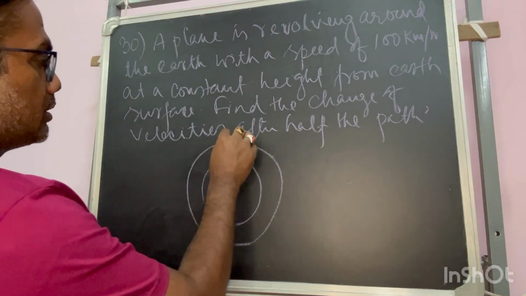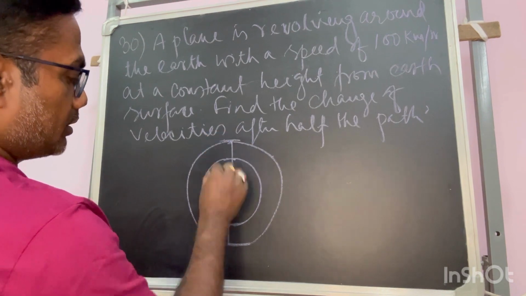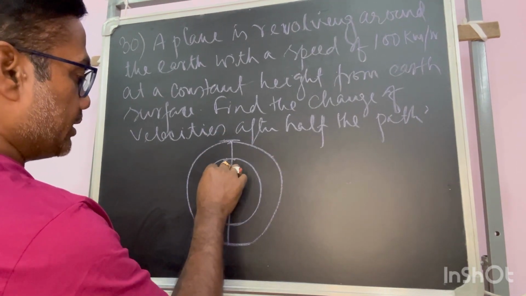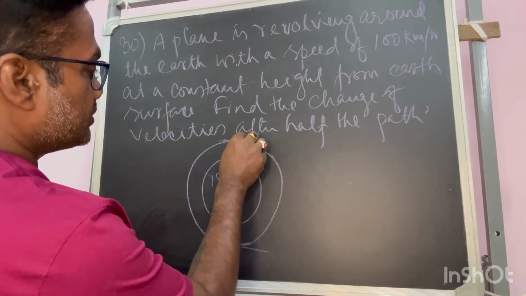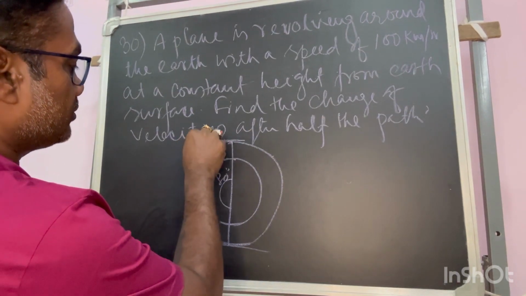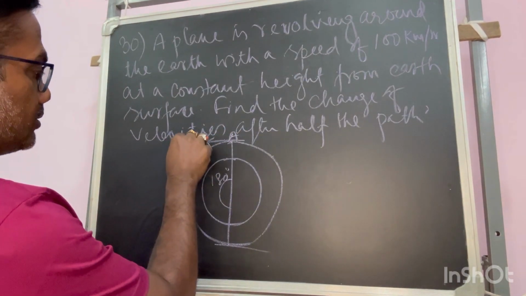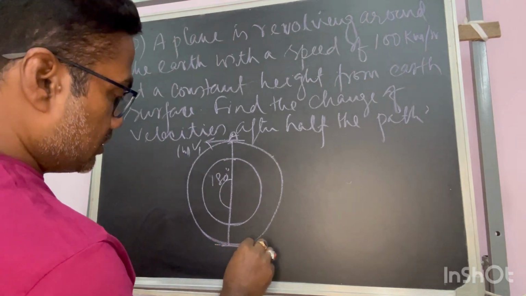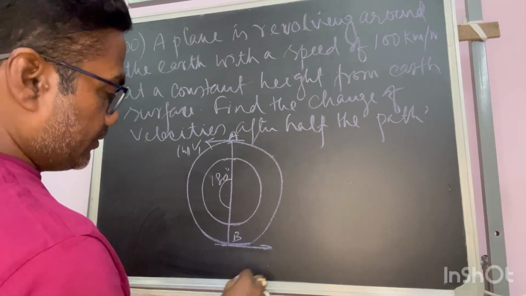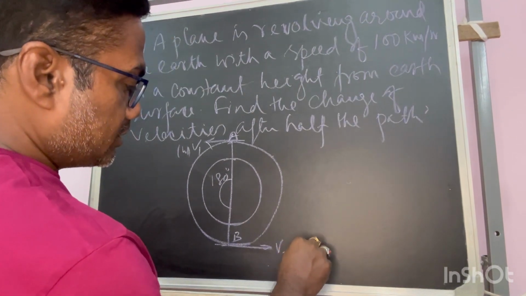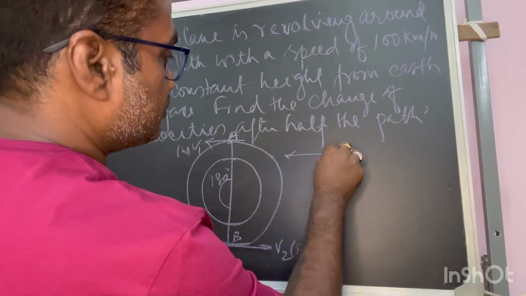Any diameter you choose, the half path means if one terminal is the start point, the other terminal will be exactly opposite, after 180 degrees. So if I assume this velocity v1 at point A, let's say towards west, then exactly opposite at point B, v2 will be in the east direction. So this will be opposite to this.